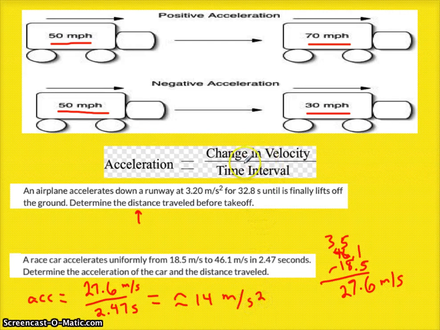Okay, we're doing something different here. The distance traveled before takeoff is going to be, acceleration is going to be initial velocity minus final velocity over the time interval. So if it's accelerating at 3.2 meters per second squared, you've got the acceleration.